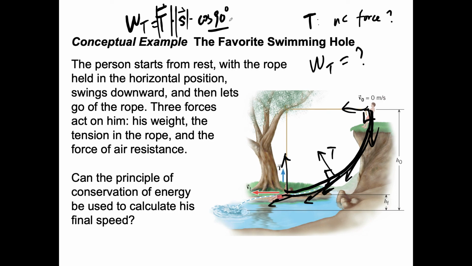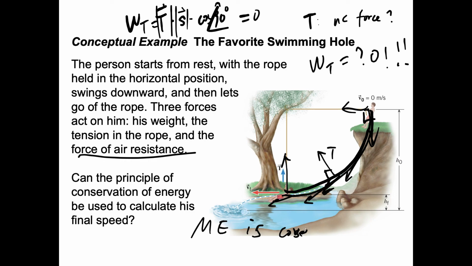Cosine 90 degrees gives us 0, so the work done by T is 0. T doesn't do work. No air resistance, so air resistance doesn't do work either. Only gravity, a conservative force, is doing work on the ball, so mechanical energy is conserved. So we can use the conservation of mechanical energy principle to solve this problem.